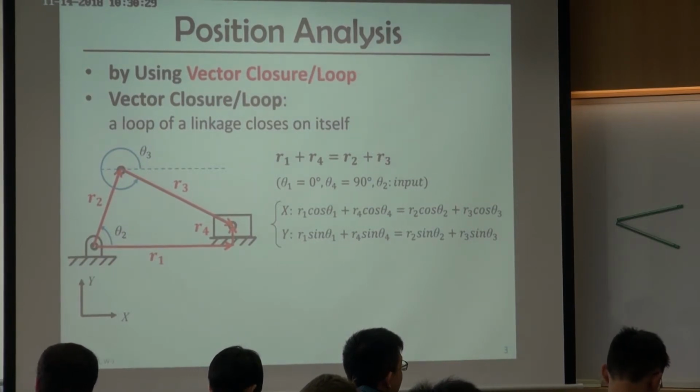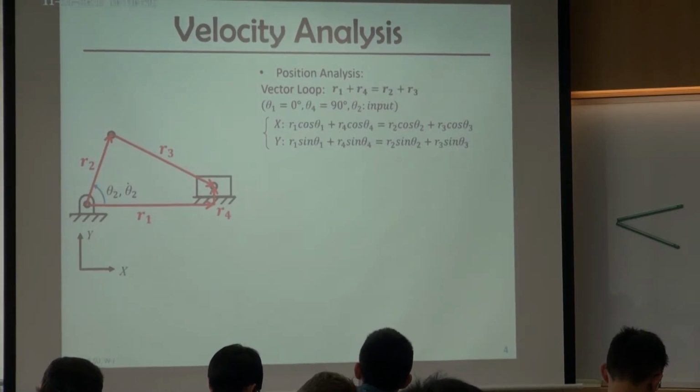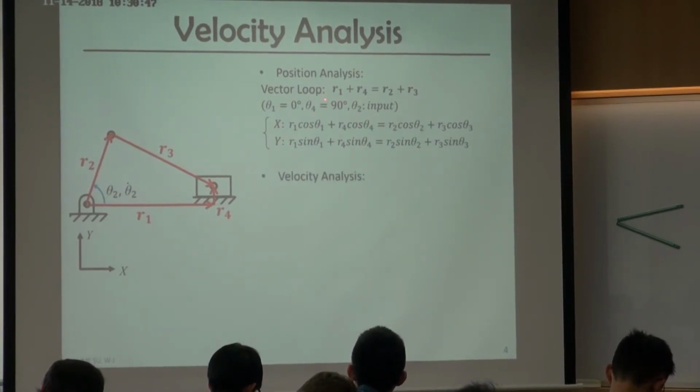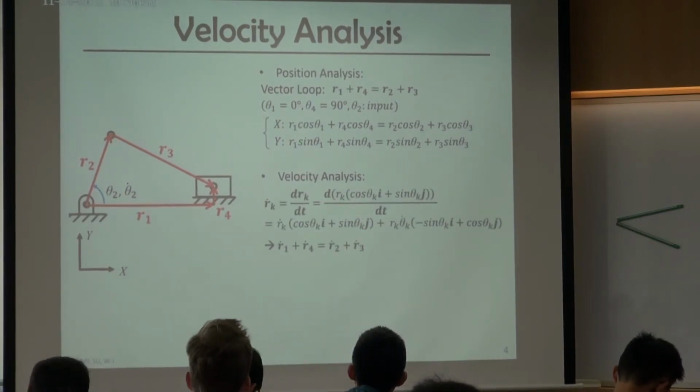Once we obtain this position information, we can further go with velocity analysis. As we mentioned last time, if you have this position vector loop or vector equations, you take the time derivative of these equations, and then you can obtain another set of equations.